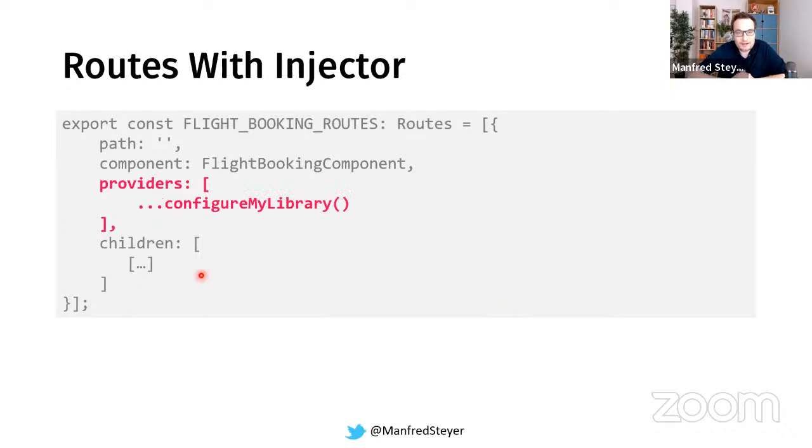Yeah, and I assume that more and more libraries will also give us convenience functions for this providers array, because we don't want to know which services we need to register for this or that library. Hence, I think this will become a common pattern. They will just export a function or an array we are spreading into this providers array.